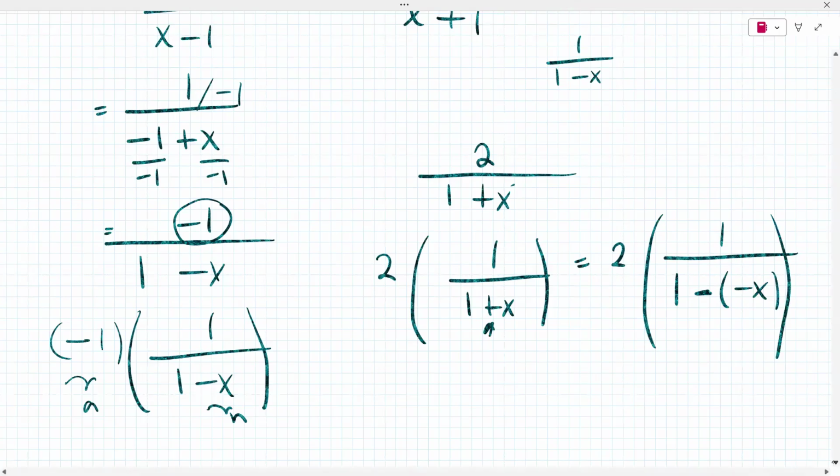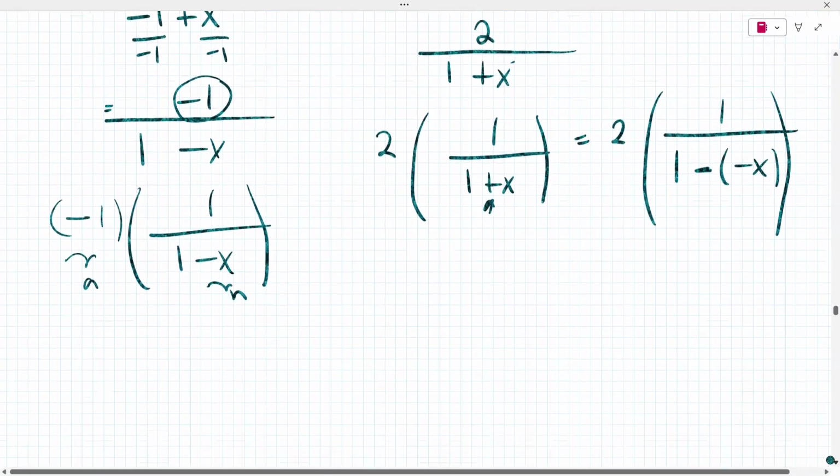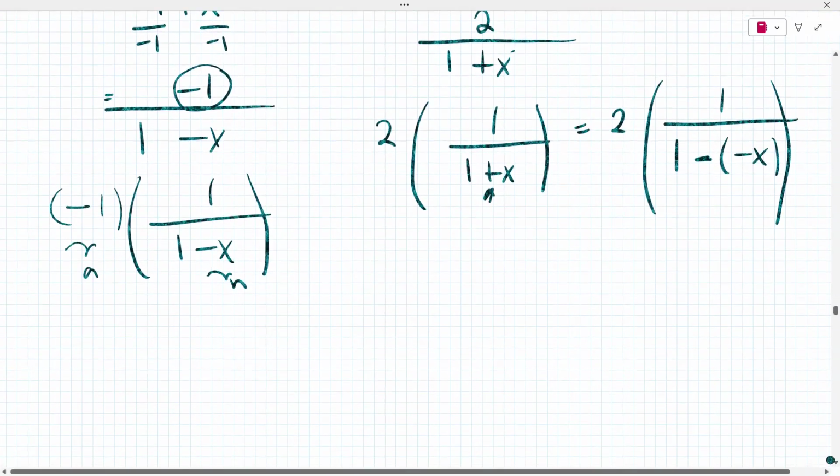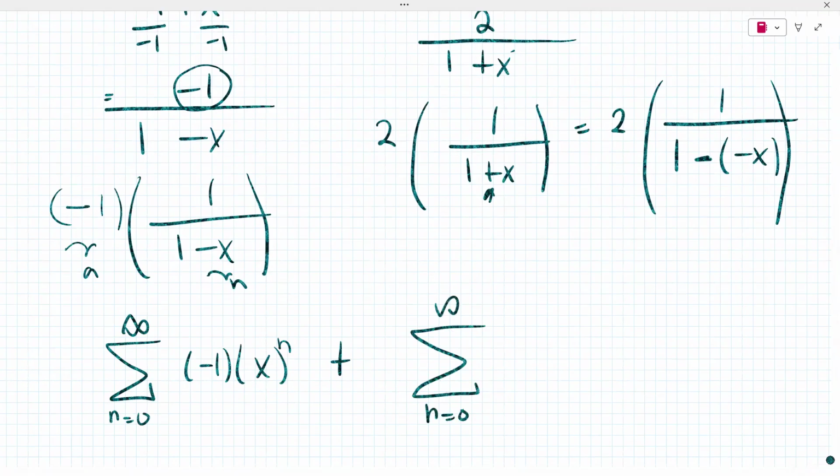Okay, so our two summations. The first summation for this one would be expressed as the summation of n equals 0 to infinity of negative 1 times x to the n, plus the summation of n equals 0 to infinity of 2 times negative x raised to the n.